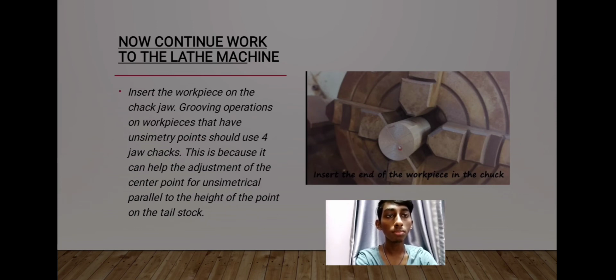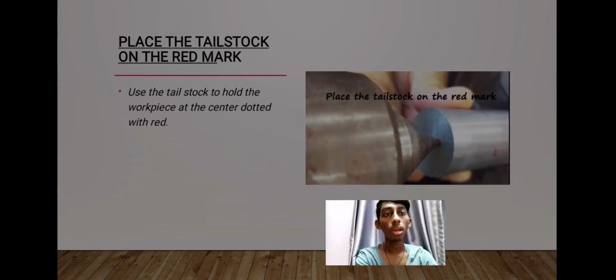Okay, this is because it can help the adjustment of the center point for unsymmetrical parallel to the height of the point on the tailstock. Okay, and then place the tailstock on the rate mark. Okay, use the tailstock to hold the workpiece at the center dot with rate.